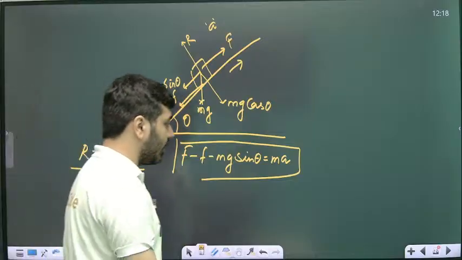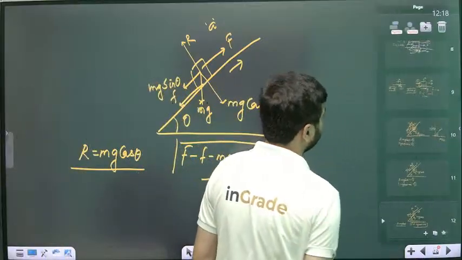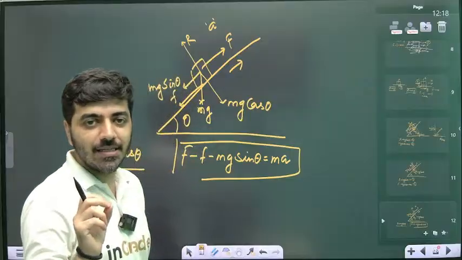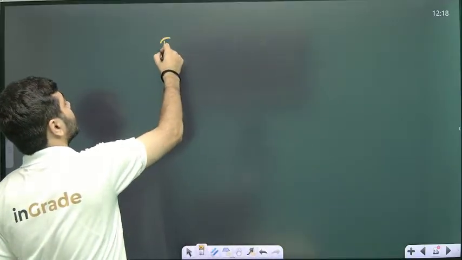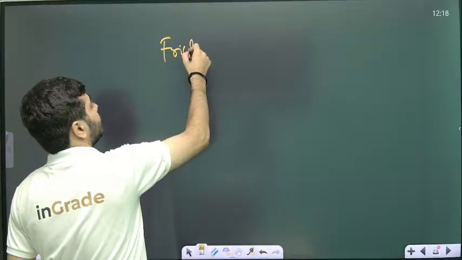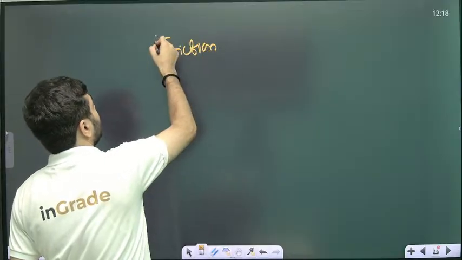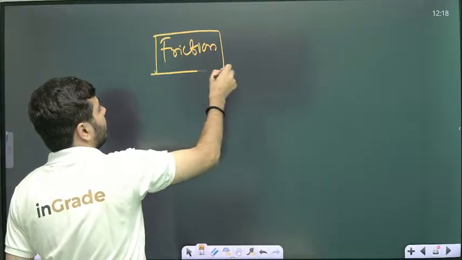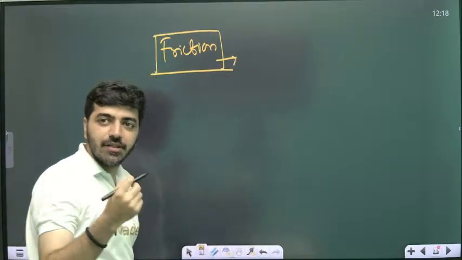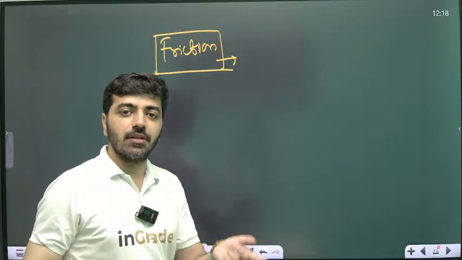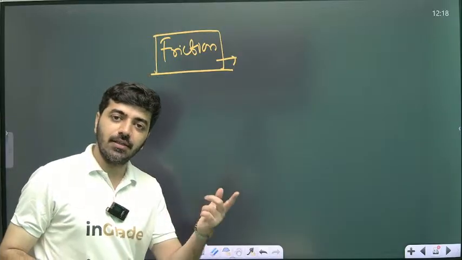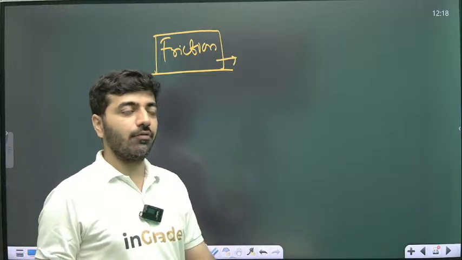Now let's study the friction part. First we have studied the basics of friction. Let's study friction. Simply, the first question that arises is: what is friction? Friction basically opposes the motion. If the body is moving in the forward direction, then friction is acting in the backward direction.